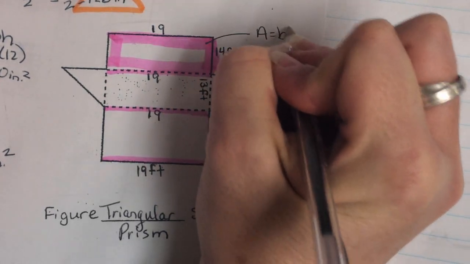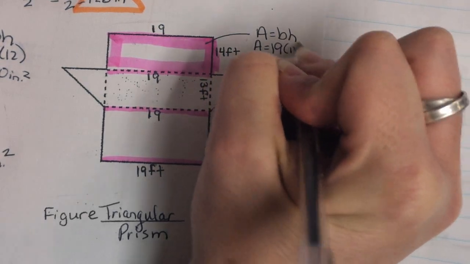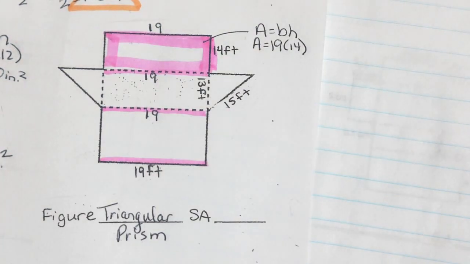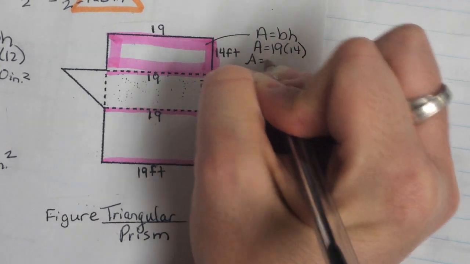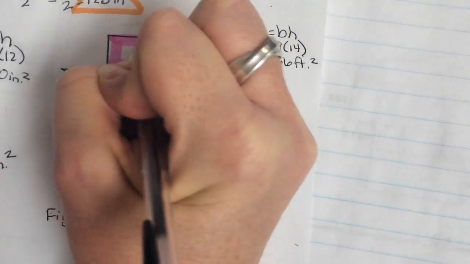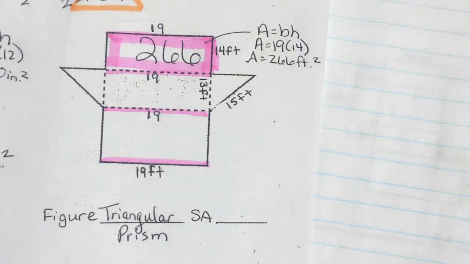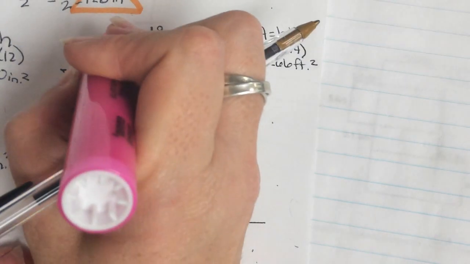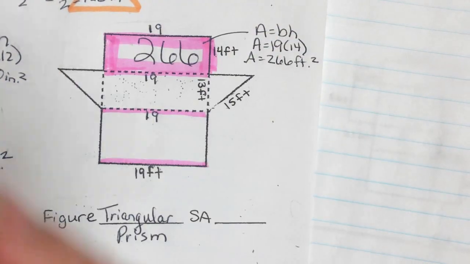A equals base times height. $266. Okay, so this one is 266. Now, sorry, this is bothering me. That's not colored in all the way.